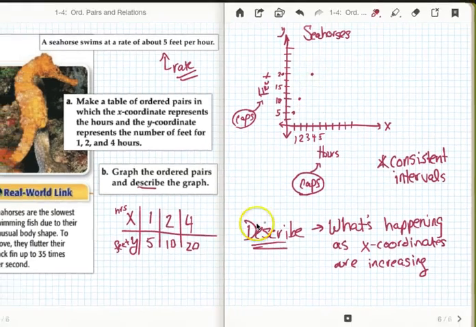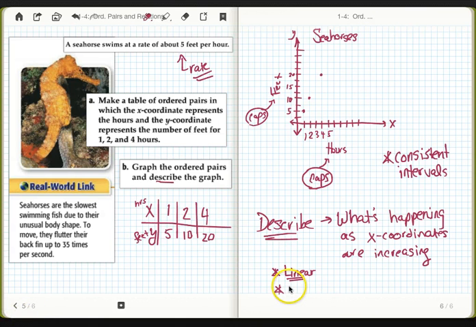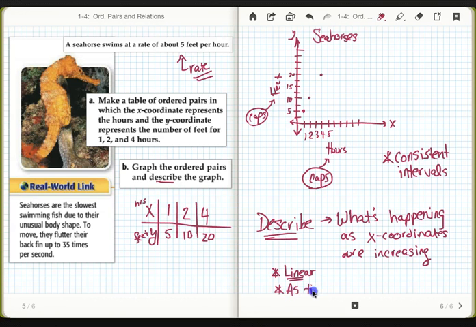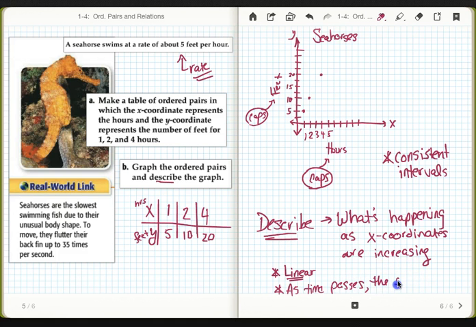It's going up. So you could say that the graph appears to be linear. That just means that all of the points line up. You could also say that as time passes, the seahorse travels farther. Now we've hit all points.